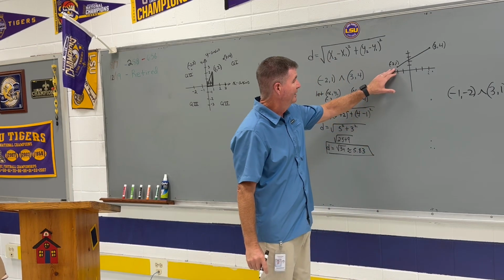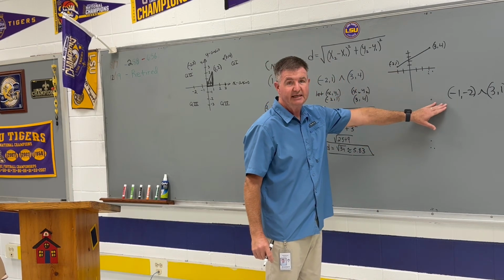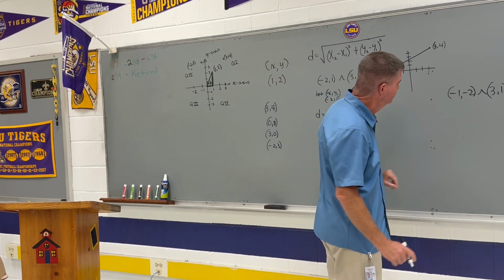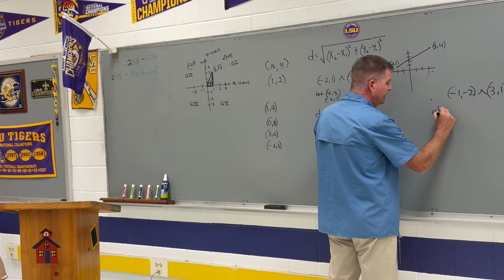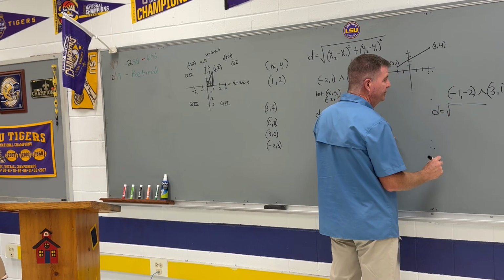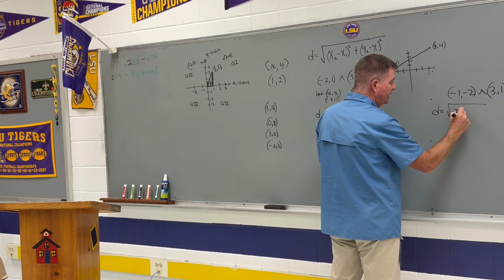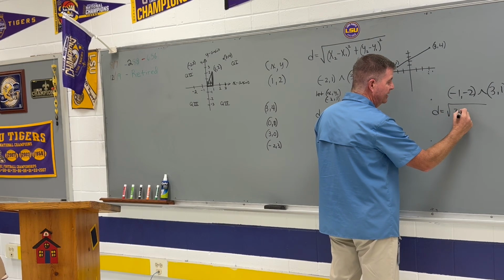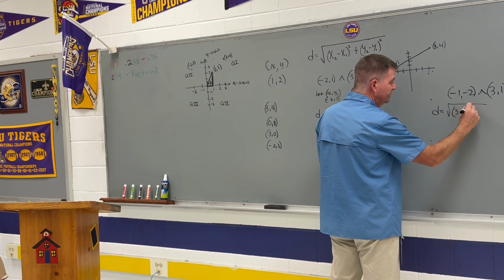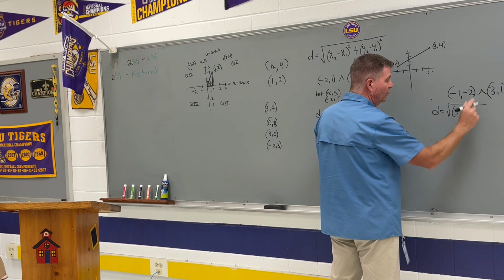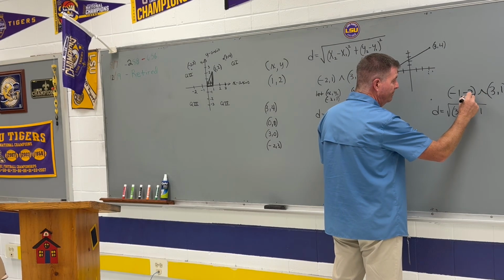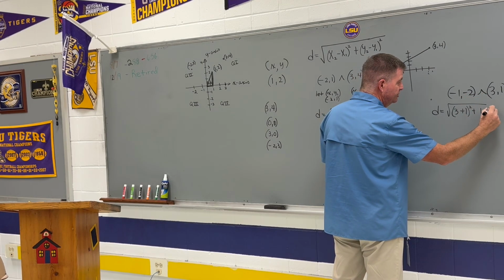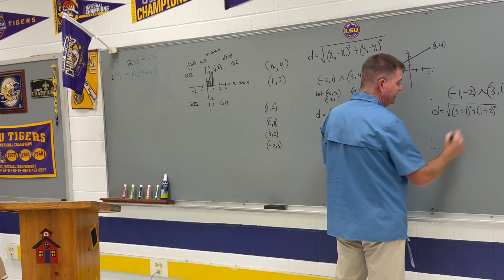Again, I could plot it up here, or we could just designate this to be the first point and this to be the second point. If we just designate, that's going to be what? The square root of x2, which is 3, minus x1, so minus a -1 is +1 squared, plus y2, which is 1, minus y1, which is +2 squared, because again, minus a negative.